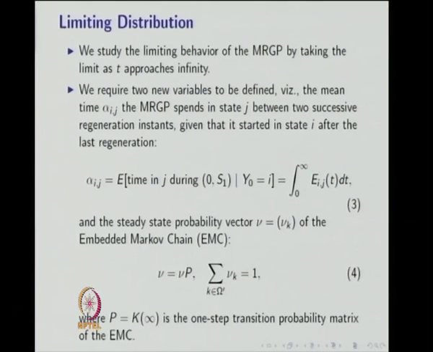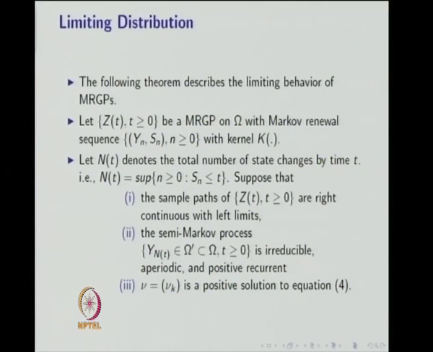From the global kernel K of t, if you make t tend to infinity, you will get the one step transition probability matrix P. Using P, you can get the steady state probabilities V by solving V equal to VP and the summation of Vk equal to 1. Once you solve this, using alpha i j you can get the limiting distribution. The limiting distribution is given in the following theorem.